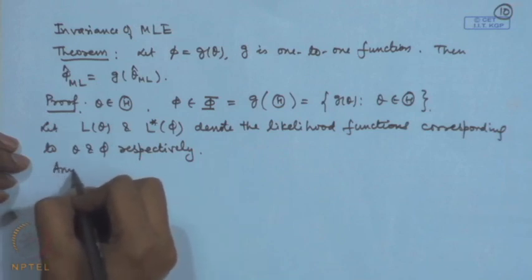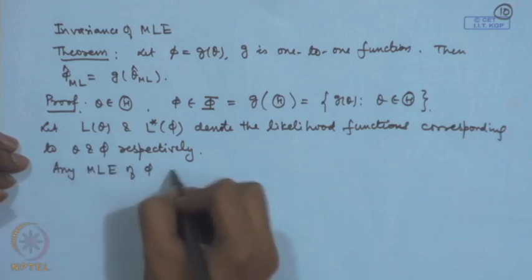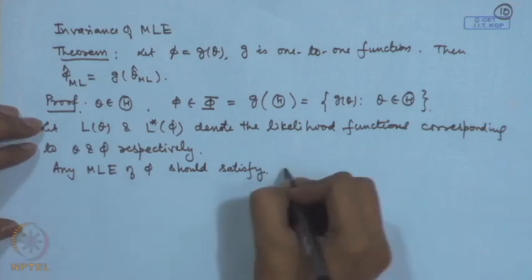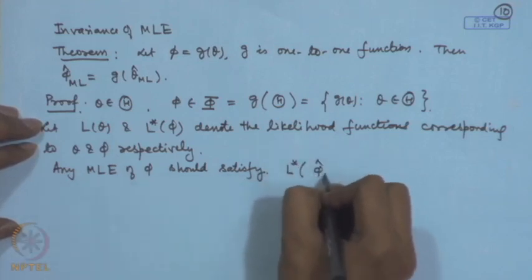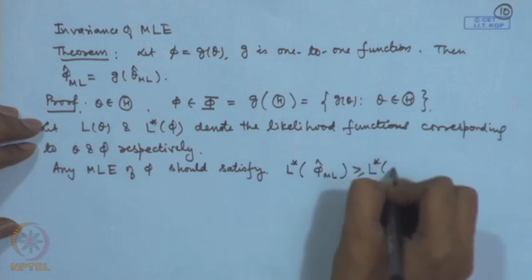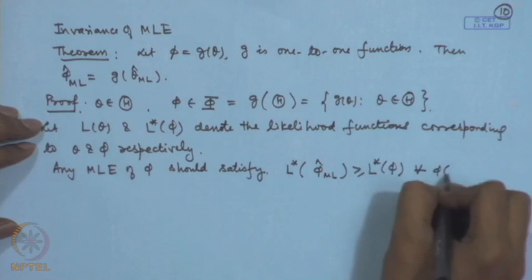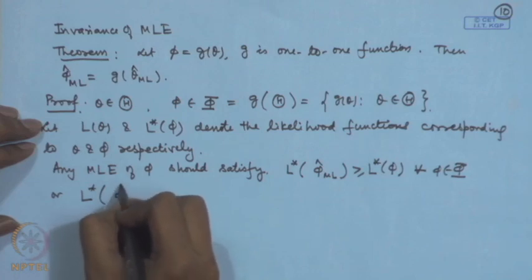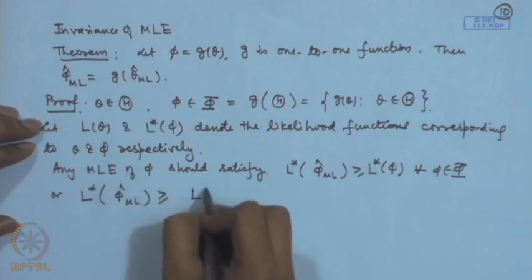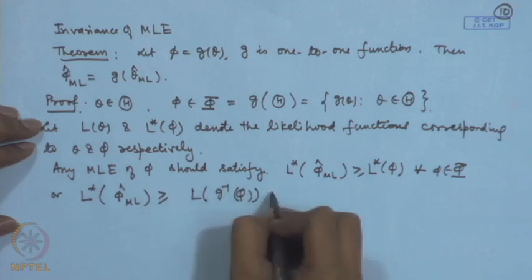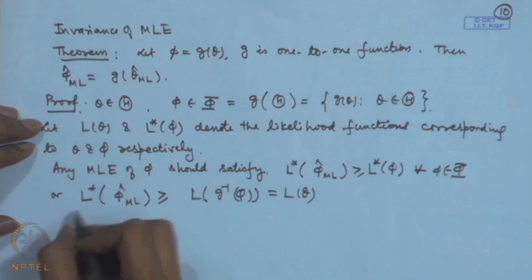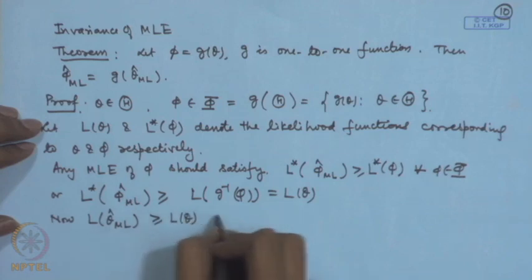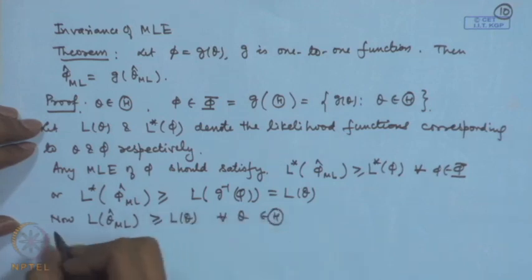Now, any maximum likelihood estimator of phi should satisfy L star(phi hat ML) greater than or equal to L star(phi) for all phi belonging to script Phi, or L star(phi hat ML) greater than or equal to L(g inverse phi), that is equal to L(theta). Now, L(theta hat ML) is greater than or equal to L(theta) for all theta belonging to script Theta.